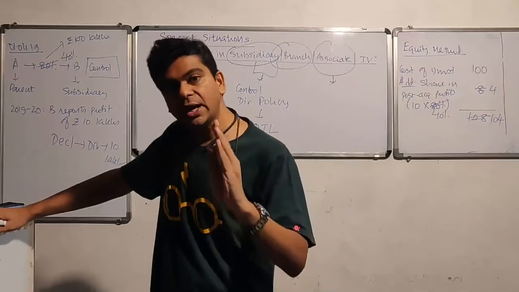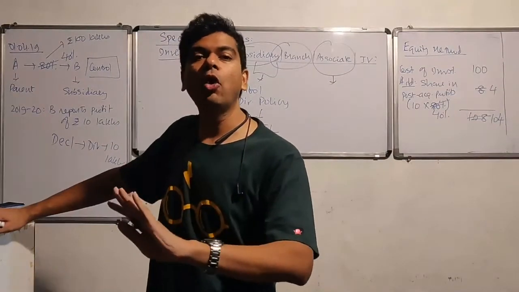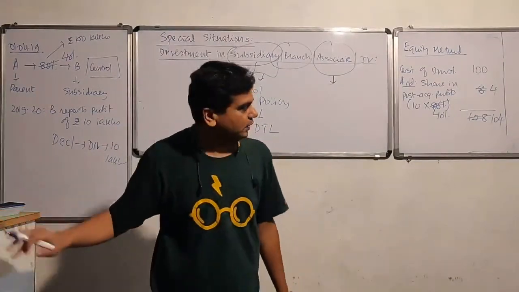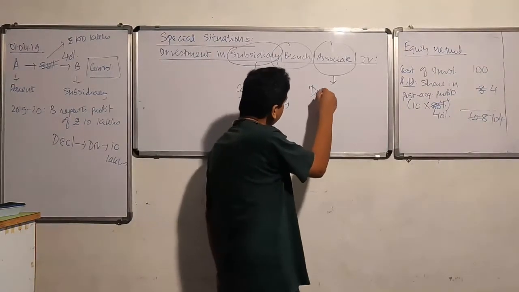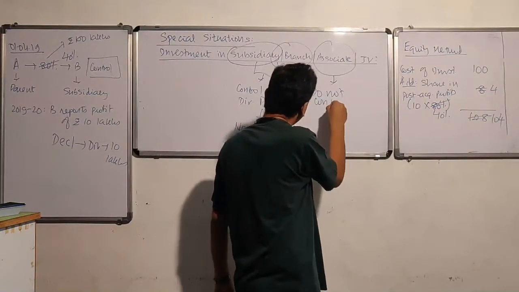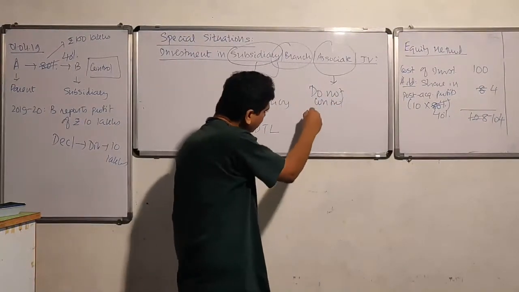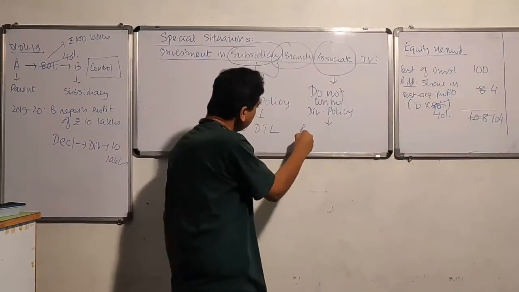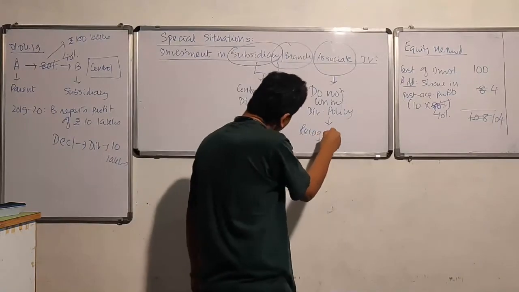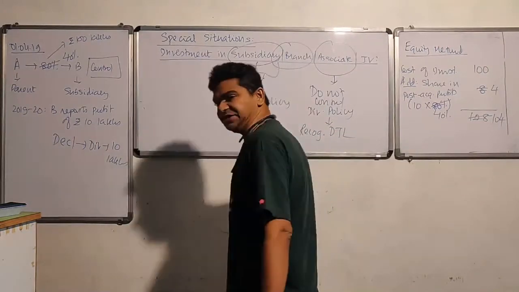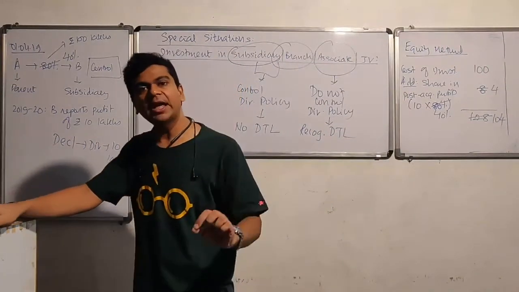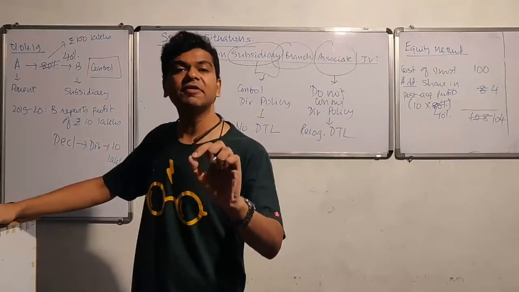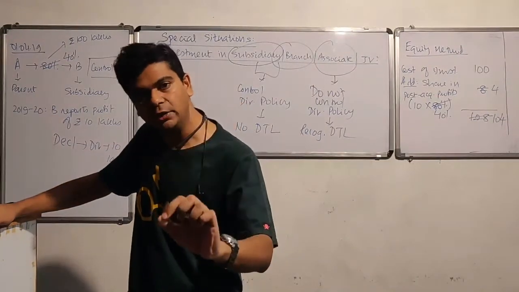So it is a company where I do not control the dividend policy. If you cannot control the dividend policy, then recognize deferred tax liability. I should be recognizing DTL if it is an investment in associate.